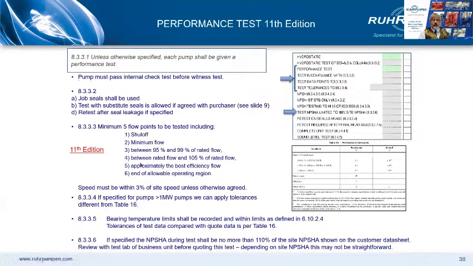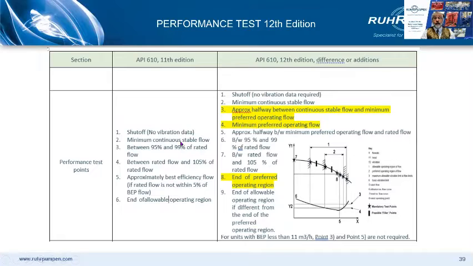The performance test, well, we covered this in part 1 of this short course, so consider this slide just to be a refresher. Note here, these are 11th edition, 6 points. If you're carrying it out to 12th edition, there are 3 additional points, unless it's a very small pump, less than 11 cubic meters an hour, in which case we don't need to do 0.3 or 0.5.